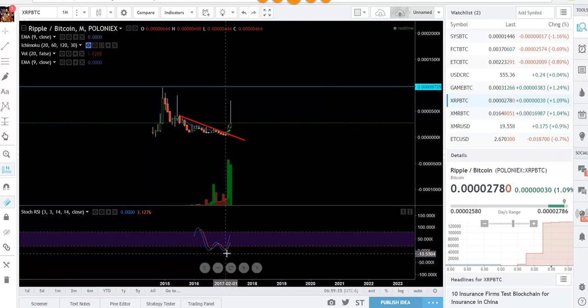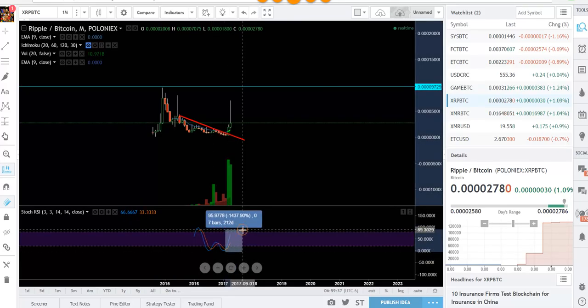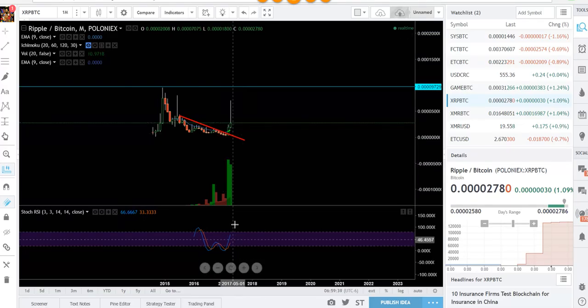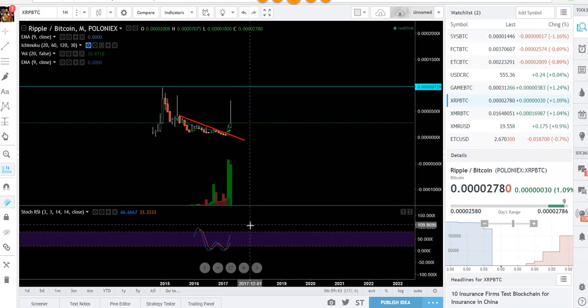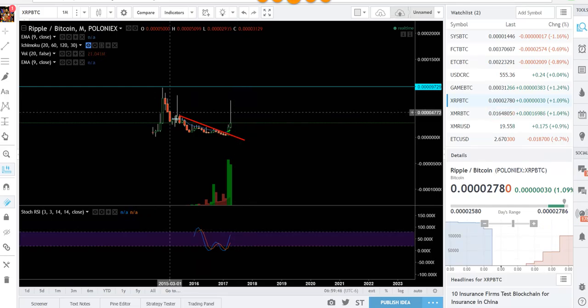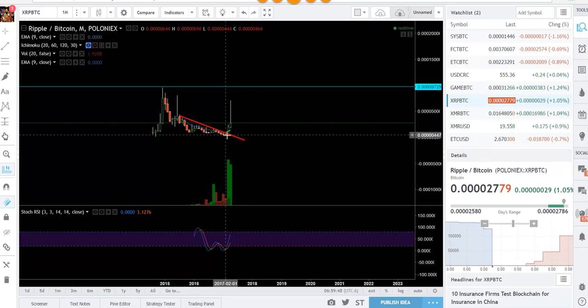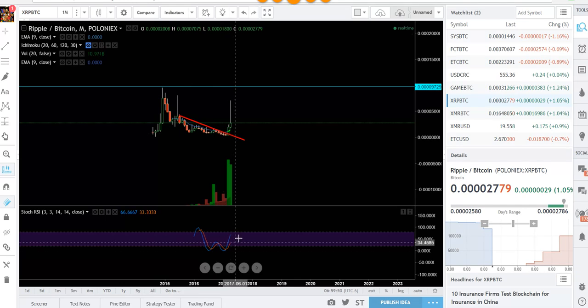So we could very well get a couple months out of this move of just increasing its strength, the strength in the market getting behind it. It went through its whole time where the market was weak. It broke out. So now it's time for the market to grow in strength.